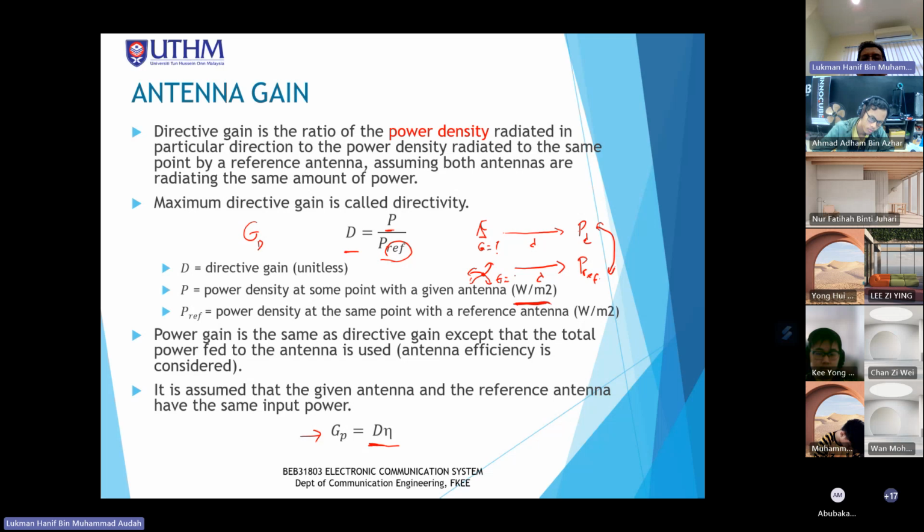So most of the time GP would be less than GD. Only if the efficiency is 100% does GP equal GD. But most of the time, you are going to see that the power gain is less than the directivity gain.